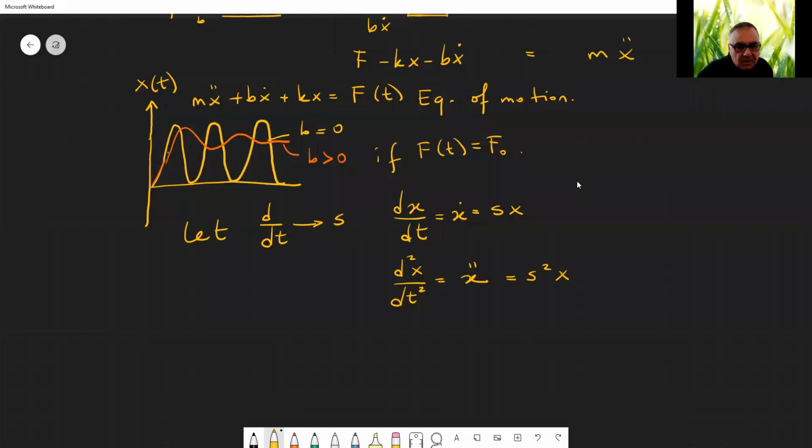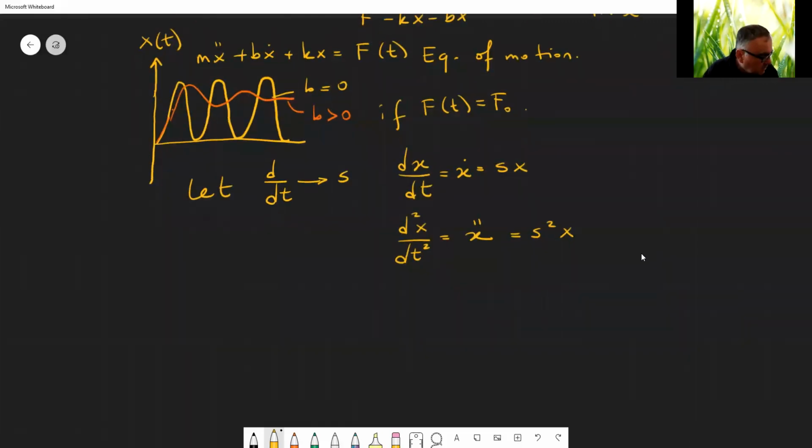Now, this is exactly what the Laplace transform does, but we can convert our differential equation to an algebraic equation if you use this S operator, which is the Laplace transform variable, as we will see. But let's do it now.